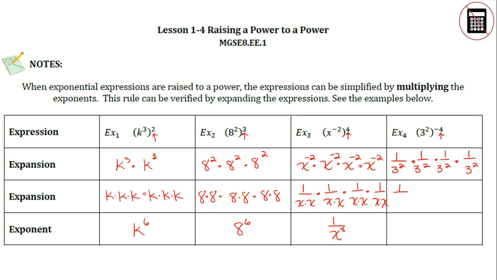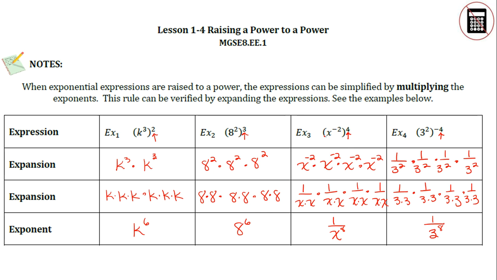And then when we simplify the 3 squares, we have 3 times 3, 3 times 3, 3 times 3, and a fourth 3 times 3. So on the top, we have 1 times 1 times 1 times 1. And then on the bottom, we have 1, 2, 3, 4, 5, 6, 7, 8. So we have 1 over 3 to the power of 8.